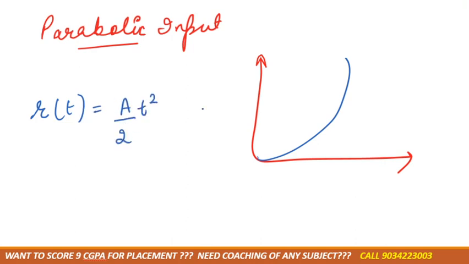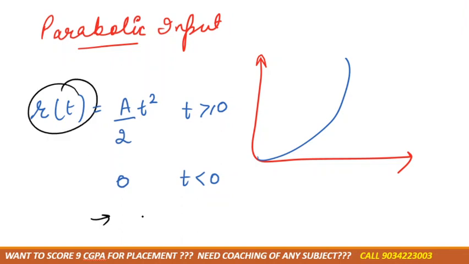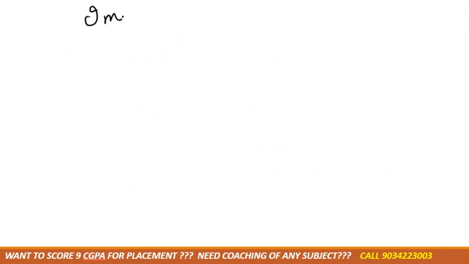So in this, again r of t is a t square by 2 for t greater than or equal to 0 and equal to 0 for t less than 0, and it is a ramp function kind of, so its slope is in Laplace. Last but not least, the impulse function.